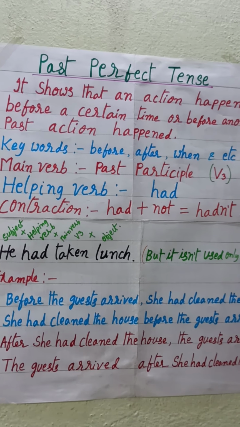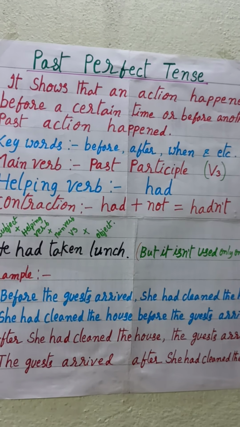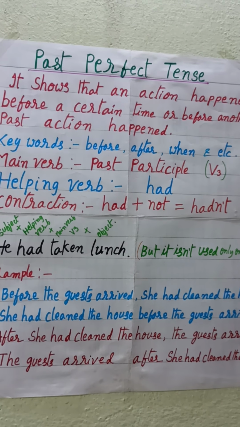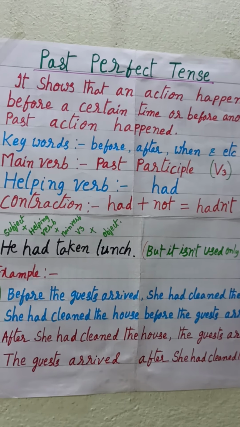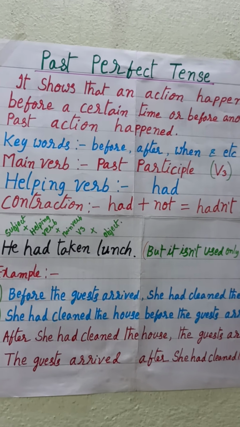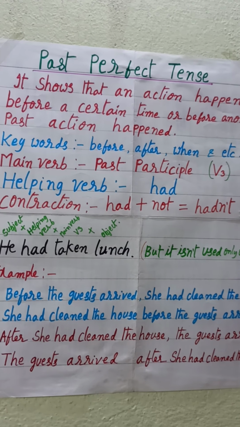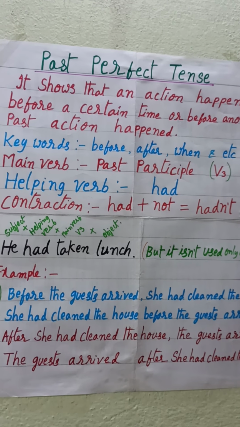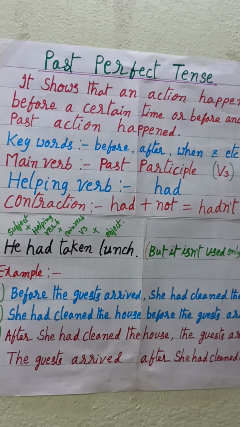So we can try with other main verbs. Here, the helping verb is only one in the past perfect tense, that is had.